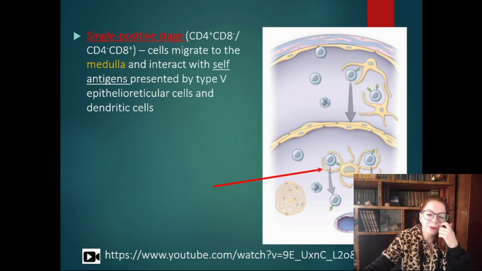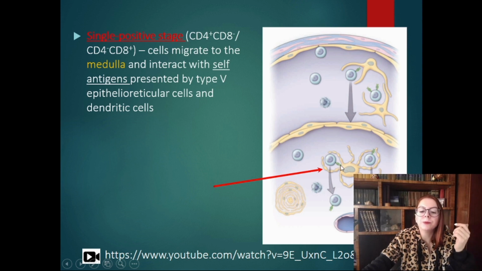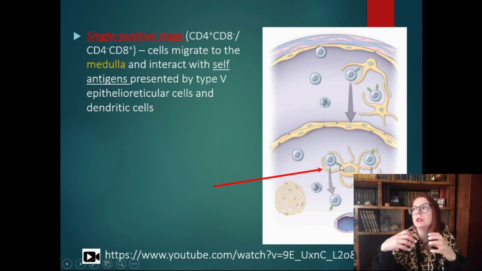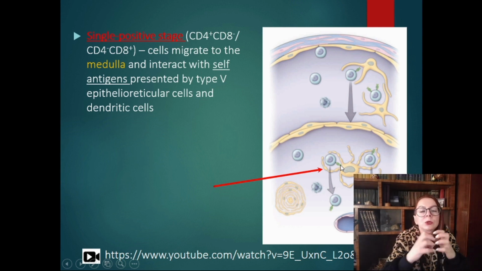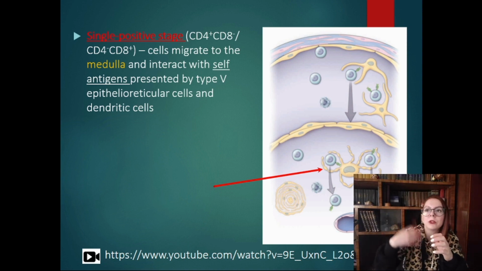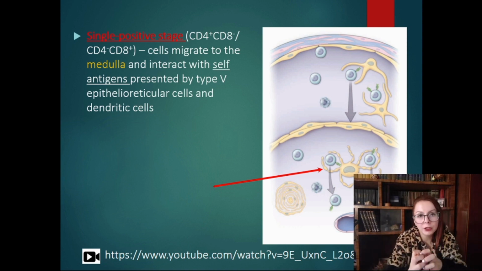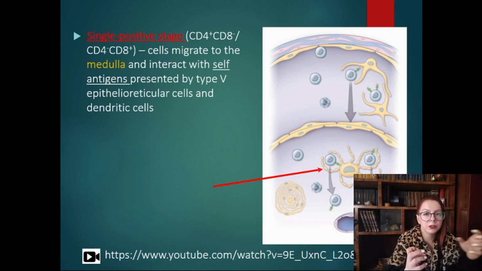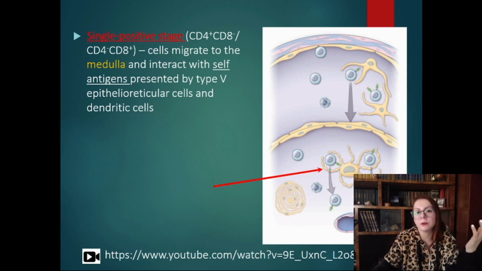So if in the cortex they had to interact with the proper receptors just to survive, here they need not only to contact, but also to demonstrate that this contact is not very strong, that it is reversible. Because in future, when they perform their function, they need to check the quality of the receptor and after that detach and check the quality of many other receptors.